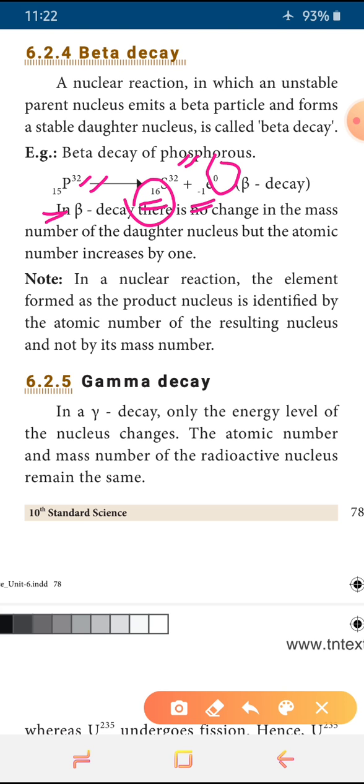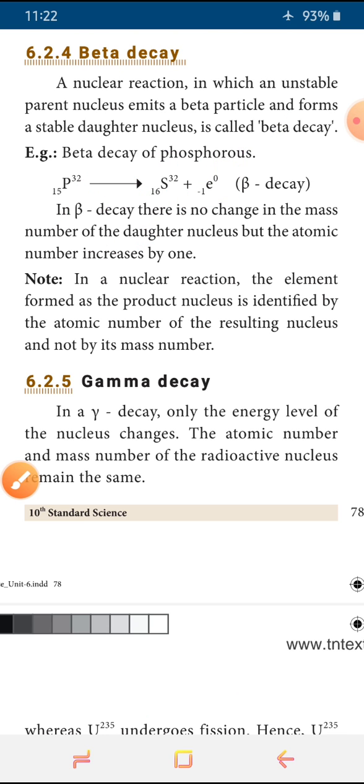This gain is because of the removal of an electron, that means beta. This is called beta decay. After emitting the electron, the unstable parent nucleus becomes a stable daughter nucleus, here sulfur.